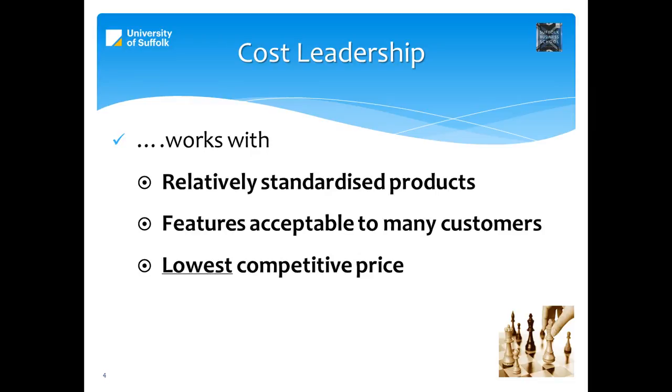So it's an integrated set of actions taken to produce goods or services with features that are acceptable to customers at the lowest cost, relative to that of competitors. So a standardized product, acceptable to the majority, and competitive.